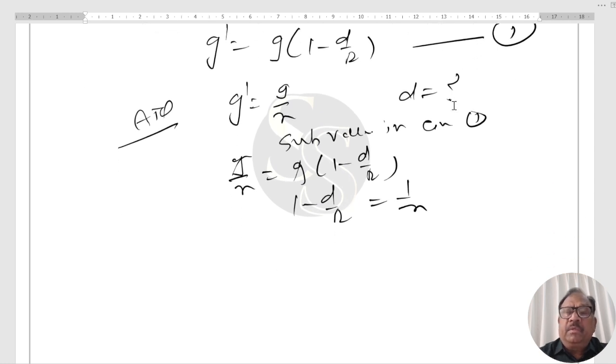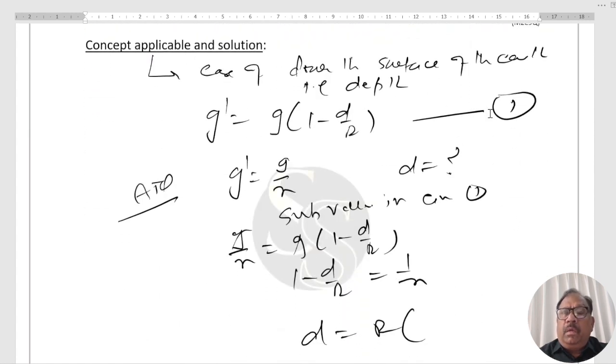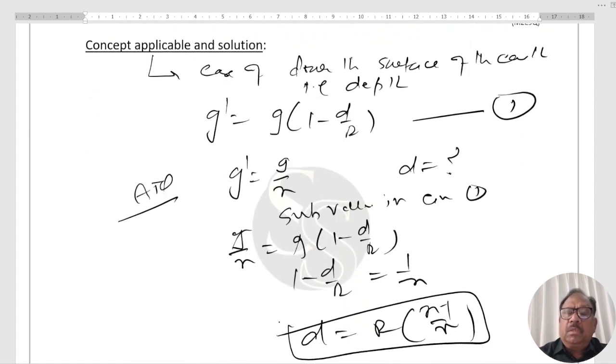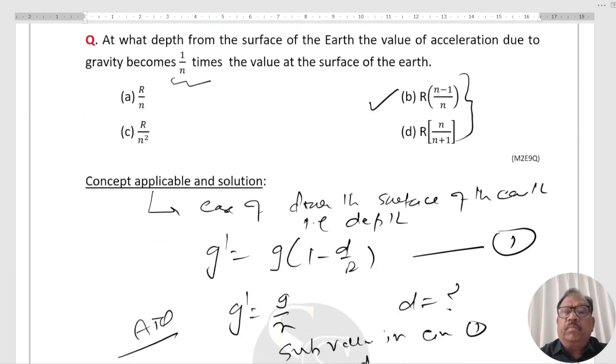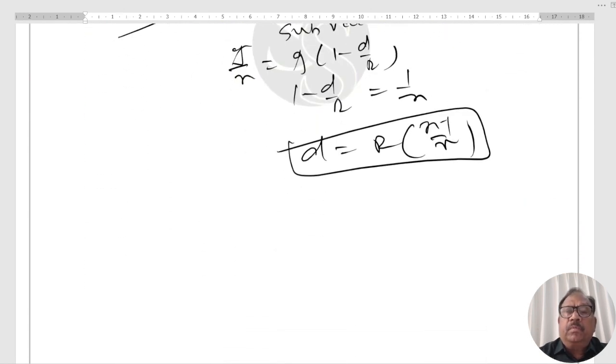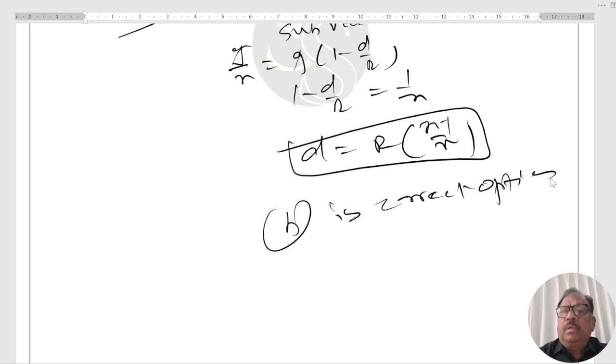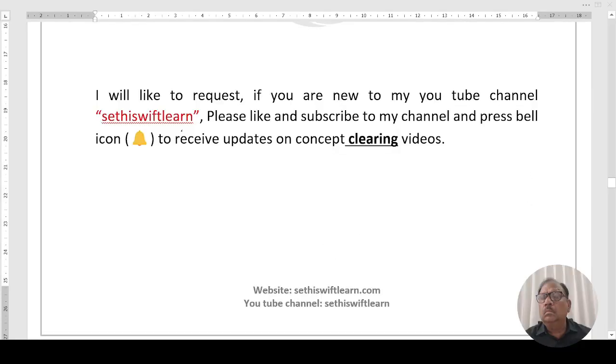On simplification, we get d equal to R into n minus 1 upon n. This is the answer. B is the correct option. Right?